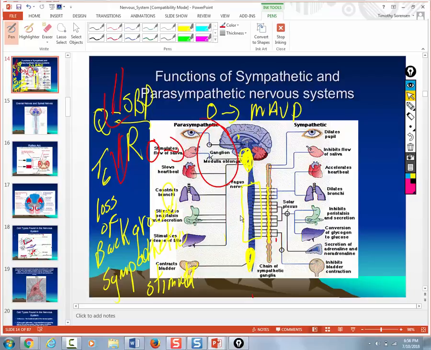So watch. One of the signs of neurogenic shock is the guy will get an erection because they lose sympathetic tone and the arteries dilate.